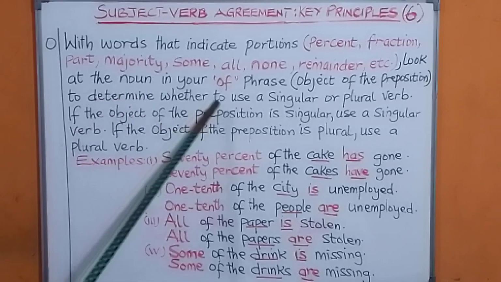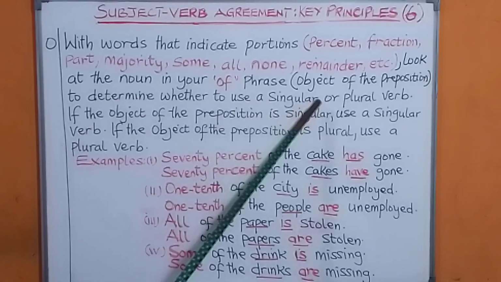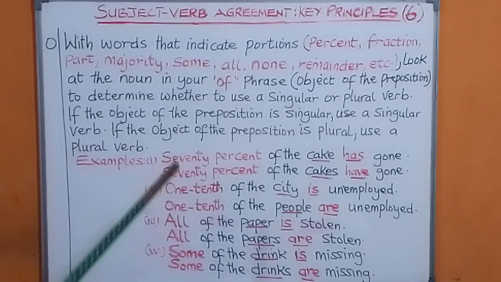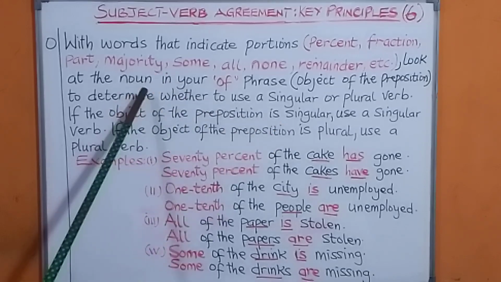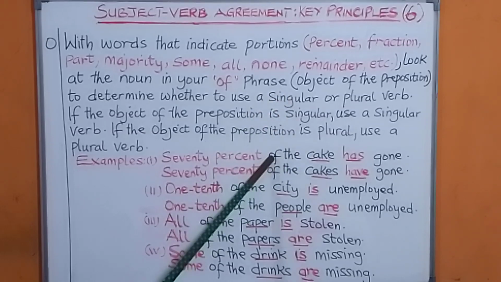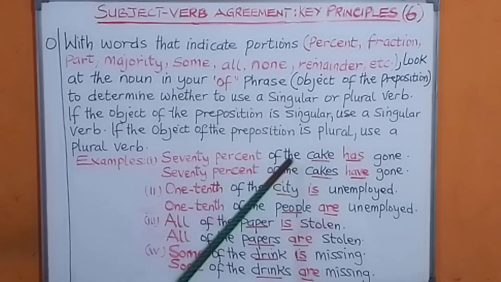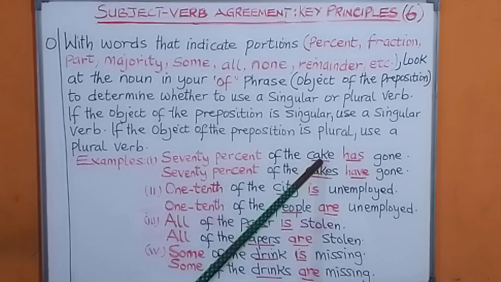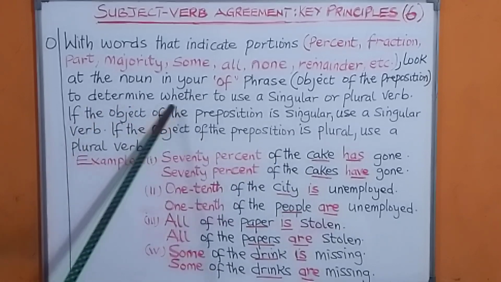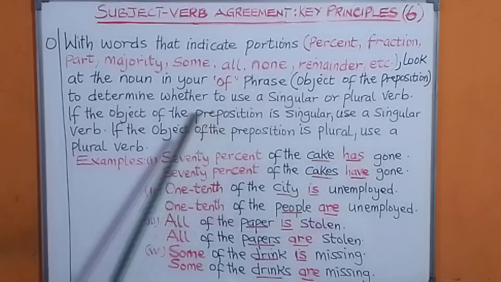To determine whether to use a singular or plural verb, you have to look at the noun in front of your of phrase. This is the of phrase. Look at the noun in front of it to determine whether you are going to use a singular or plural verb.